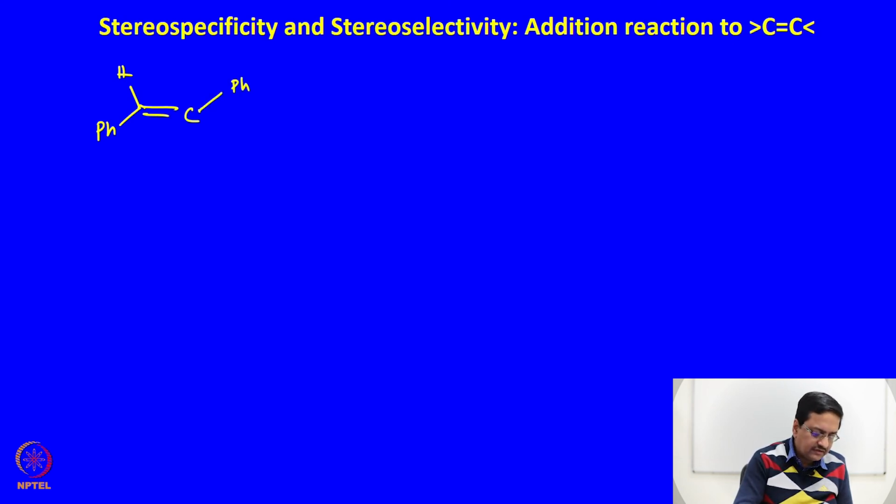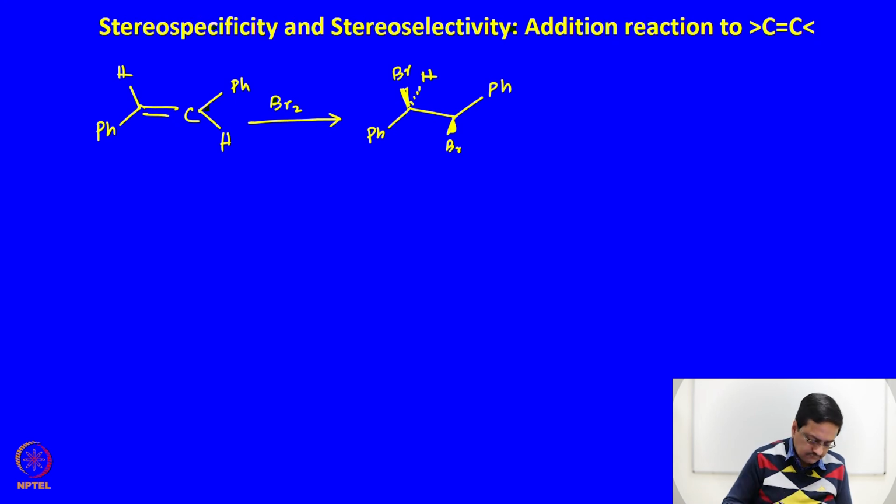If we start with a trans product and do a bromination reaction, we could end up making compounds where there won't be any stereochemical preference, both the isomers will be formed.